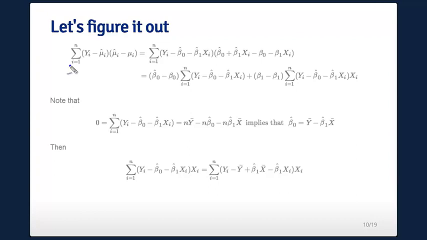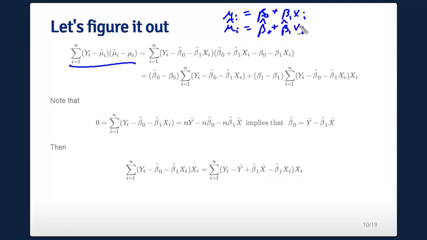Okay, so remember we need that to be equal to 0. So let's plug in beta naught and beta 1. Here, our mu i is equal to beta naught plus beta 1 xi, and mu i hat is just equal to beta naught hat plus beta 1 hat xi.